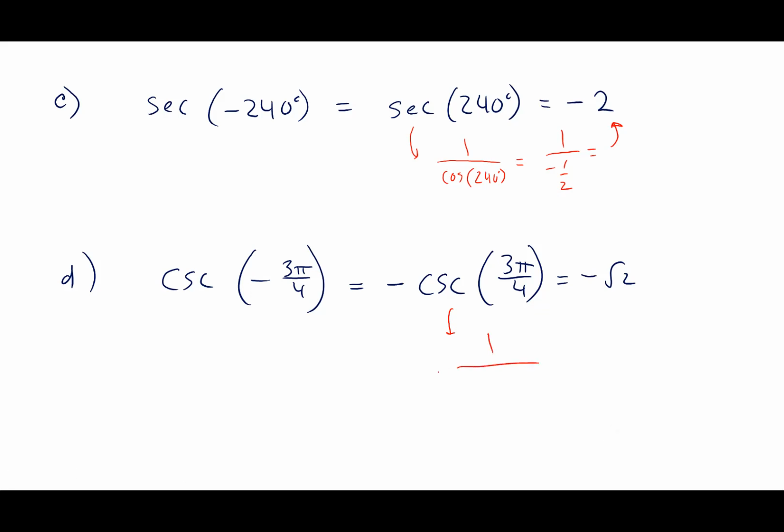That's going to be 1 over sine of 3 pi over 4, with a minus sign out front. Sine of 3 pi over 4 is 1 over root 2. Reciprocal of 1 over root 2 just becomes root 2 with a negative in front.